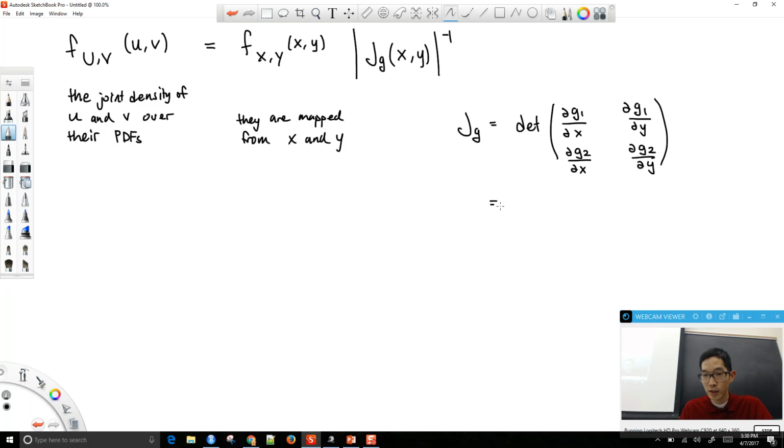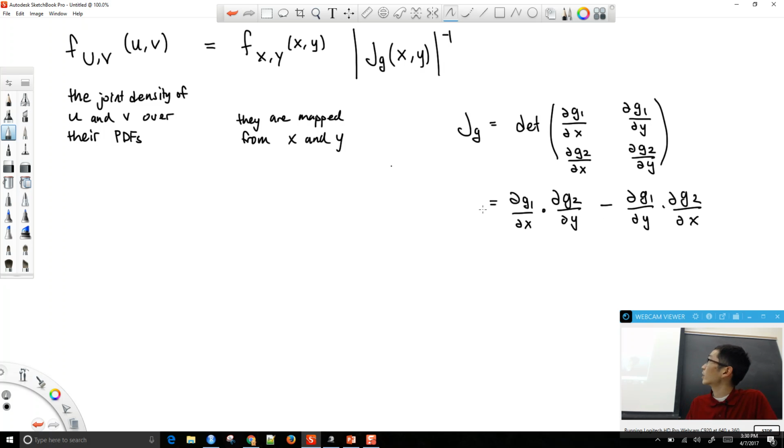Okay, and so when we do this, you get partial g1 over x times partial g2 with respect to y minus partial g1 partial y times the other term. Okay, so you get this thing.